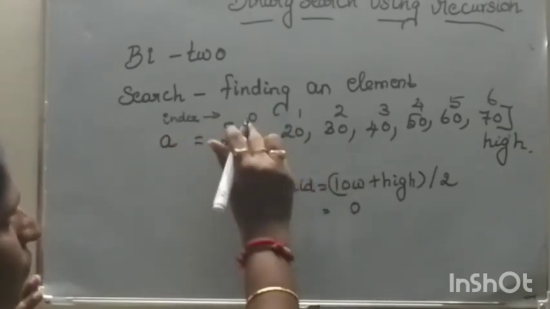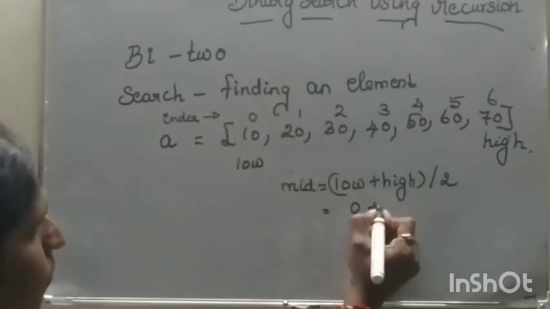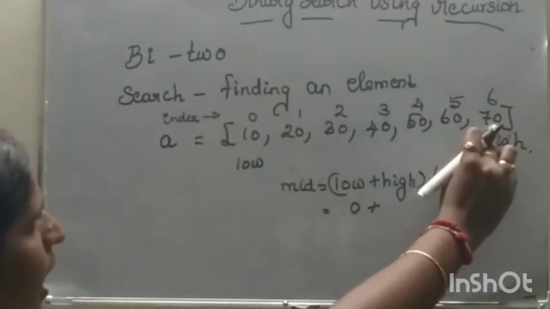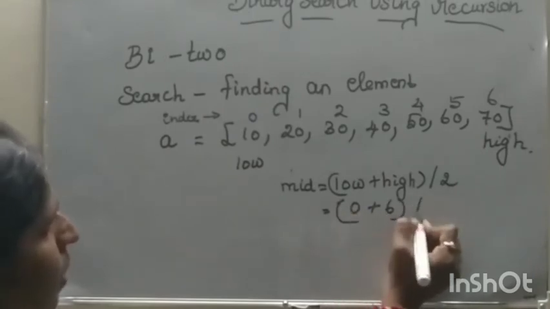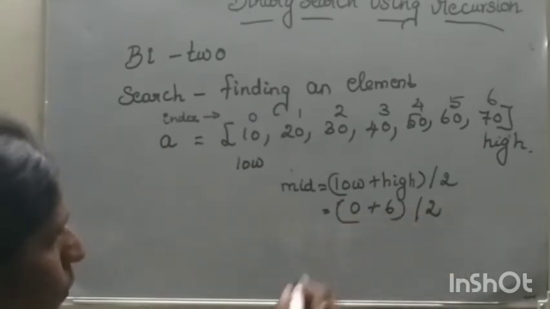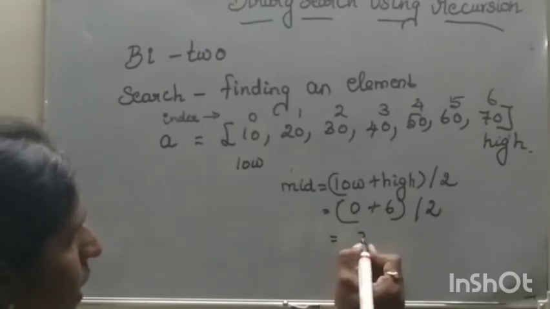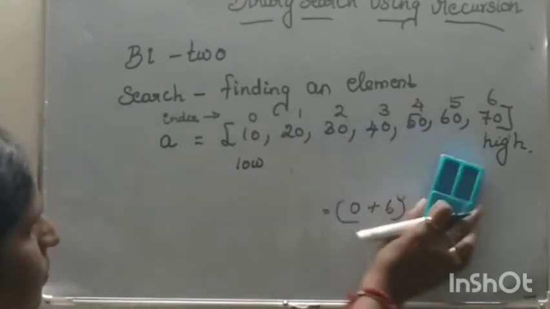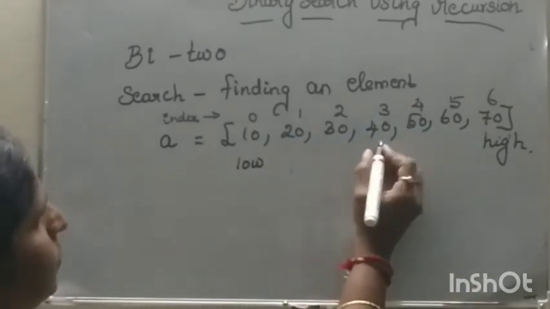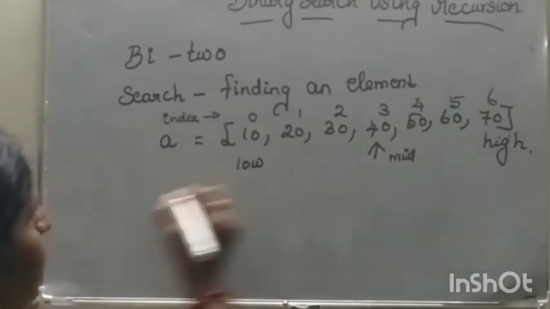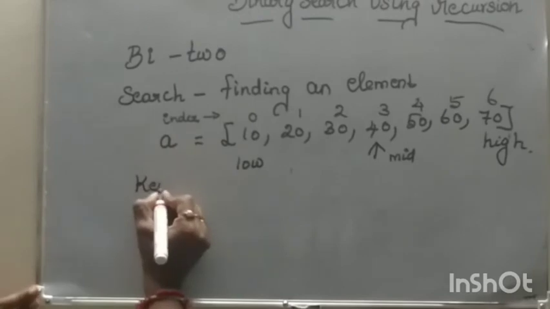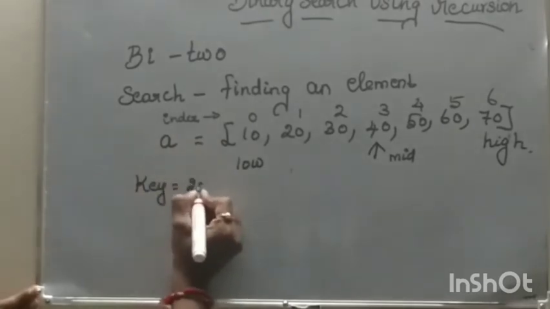The index of the first element is 0. The index of the last element is 6. And then divided by 2. Mid value is 3. This is your middle element. I am going to search the key value 20.